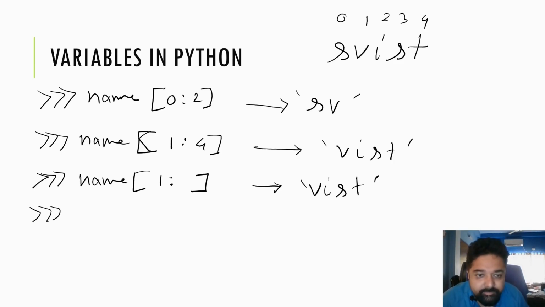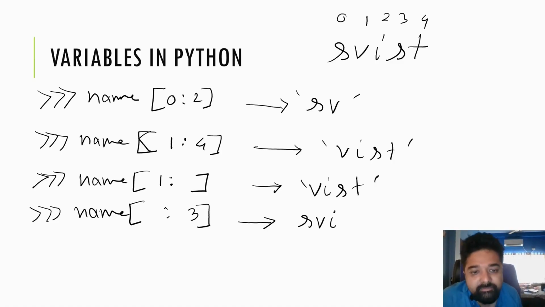Similarly, if I write name[:3], what will be the output? SPI. By default it will start from 0 and go up to 3 characters.